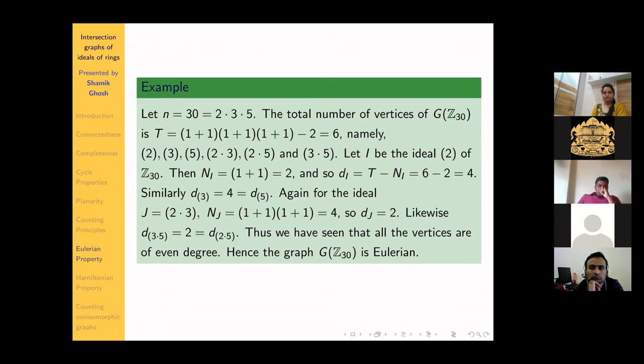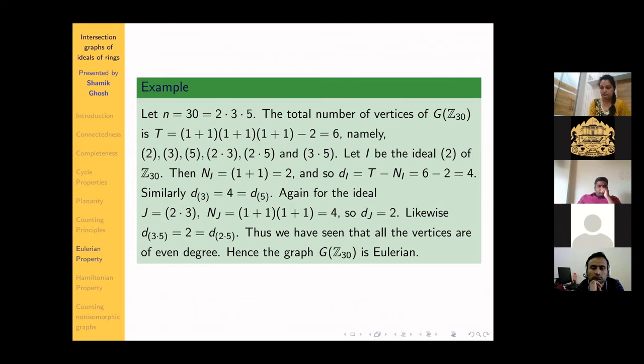But in the case of the degree of 2 into 3, the non-adjacent ideal must contain 5. So you can have 4 vertices that are non-adjacent, so their degree is 6 minus 4, that is 2. So the degree of 3 into 5 is 2 and the degree of 2 into 5 is 2.